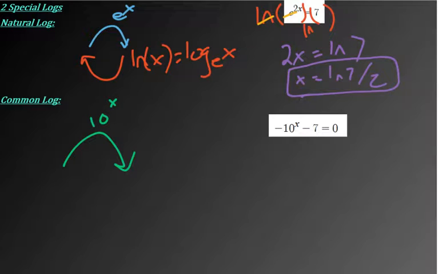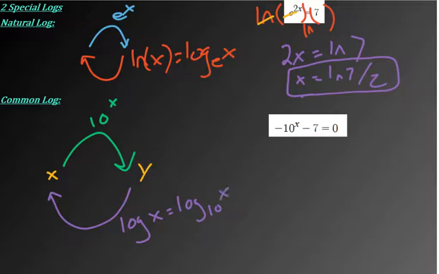So if you have 10 to the x, taking x to y there, you can draw this sort of curve in, and the thing that takes you back from y back to x is this thing, common log, and literally we write it like this. It looks like we just forgot to write the base, but we didn't. It just isn't there. It is the same as writing the base 10 in there.